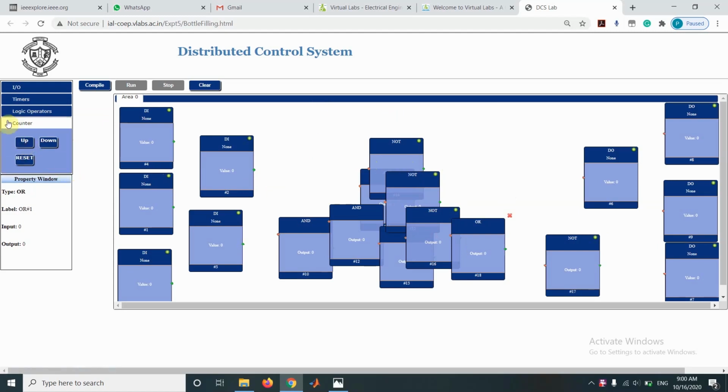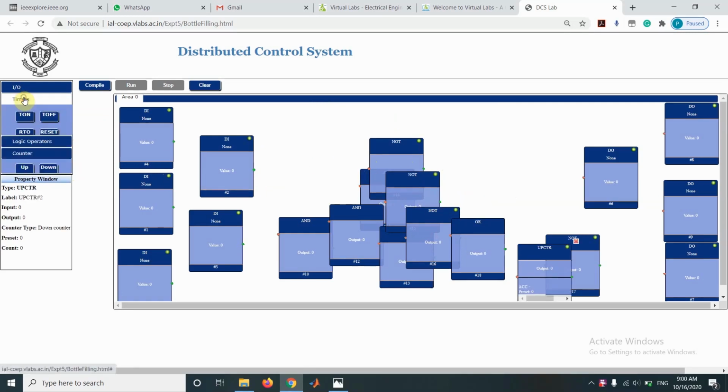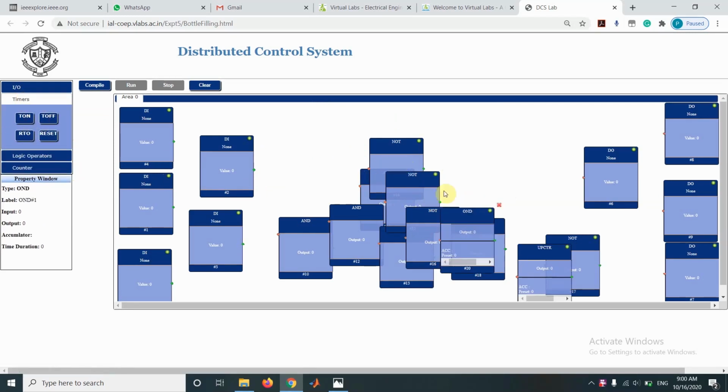One up counter, as well as one timer. Now let us arrange them.